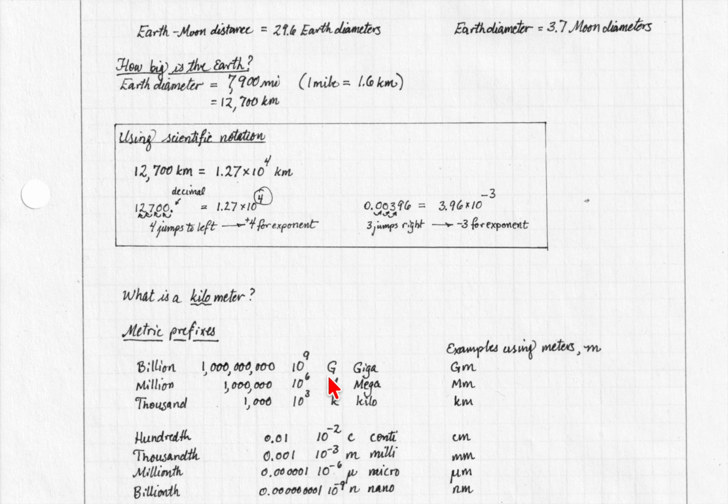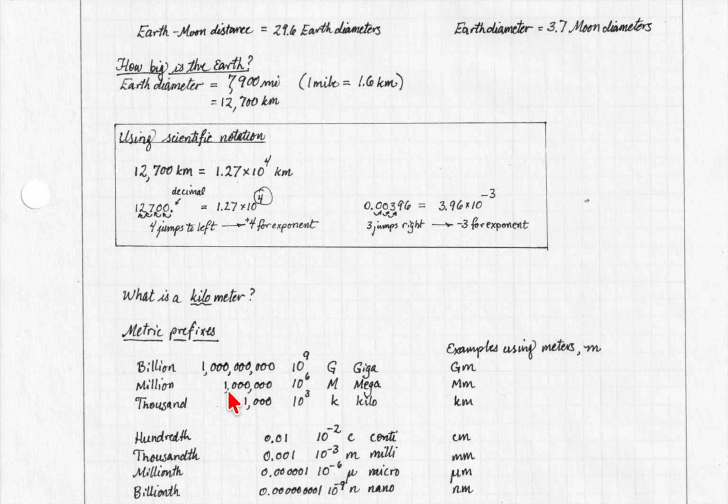That's billions then. And the metric prefix for that is capital G. It has to be capital too, and that stands for giga. So giga means a billion. If we're using the unit of length, the meter, then a billion meters would be a gigameter. Nobody ever uses that, as far as I'm aware of. If we get to distances like that in space, we're going to start using light years.